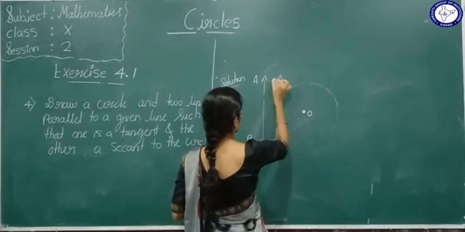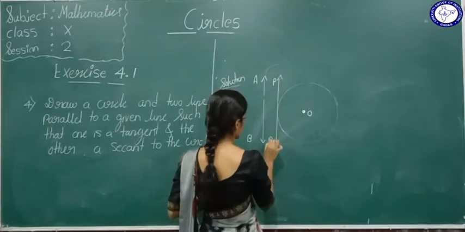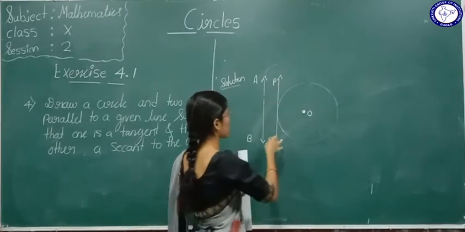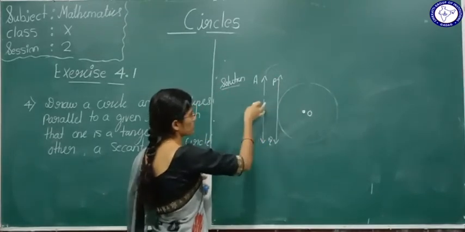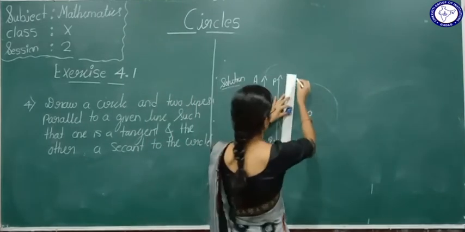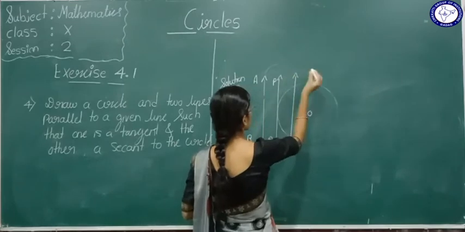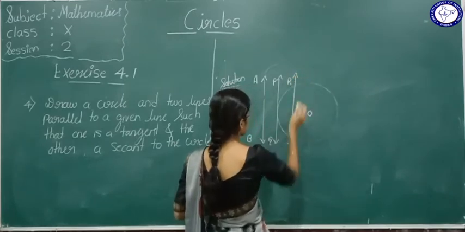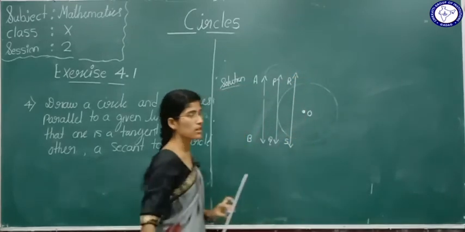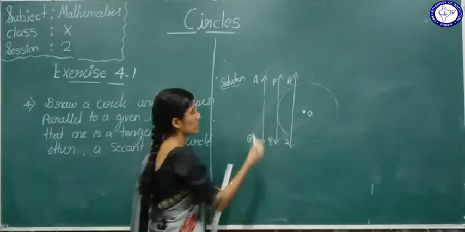Here PQ is a tangent parallel to this given line, and we will draw one secant. Here RS is a secant parallel to this given line.